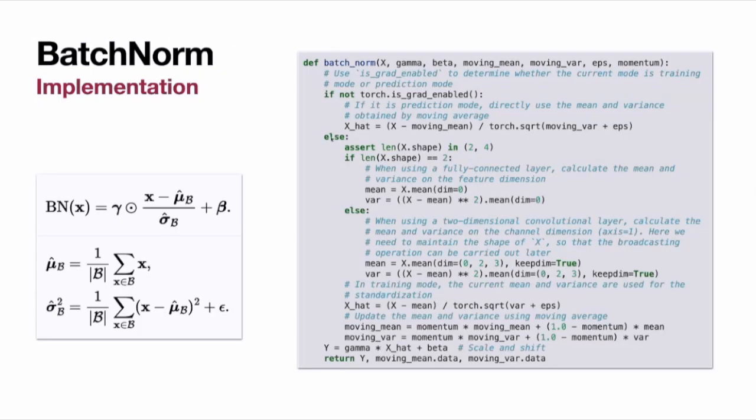Here is the implementation of BatchNorm. You have x hat, which is x minus the moving mean, divided by the square root of the moving variance plus epsilon. Here is the moving mean calculation, and this row is the moving variance calculation. As a result, the output of BatchNorm is gamma, a learned parameter, multiplied by x hat calculated here, plus beta.